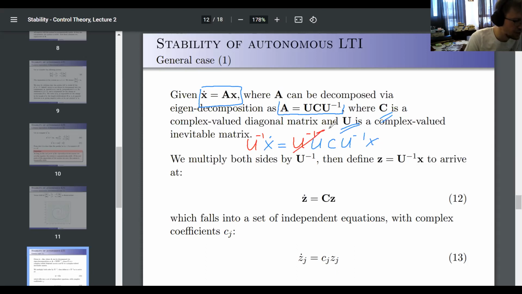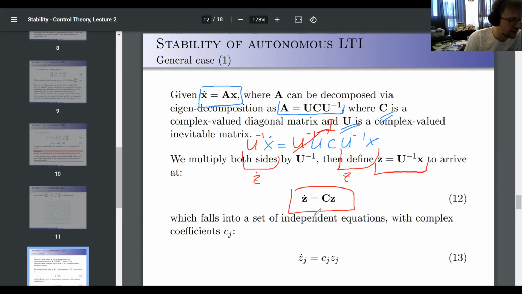This whole thing becomes identity. And we define z as u inverse x. So this becomes z dot, and this becomes z. So you have this equation here. It's exactly the same as before, but now with complex numbers.